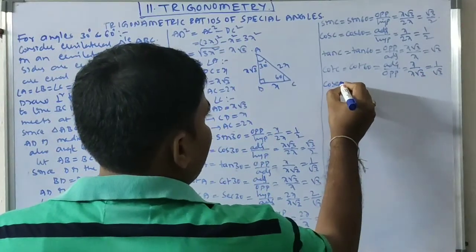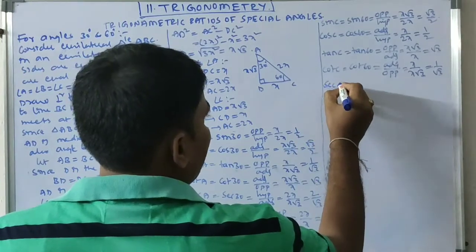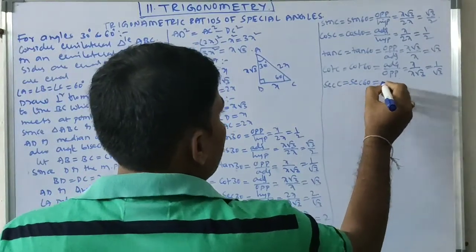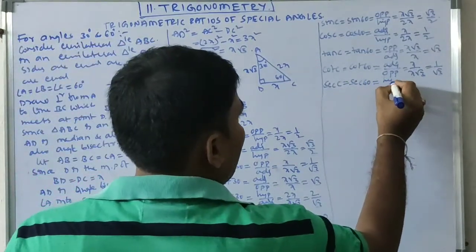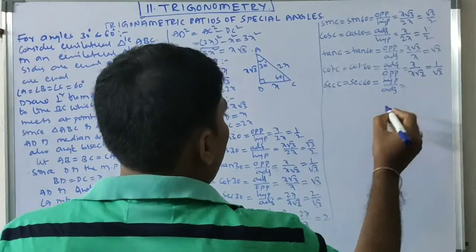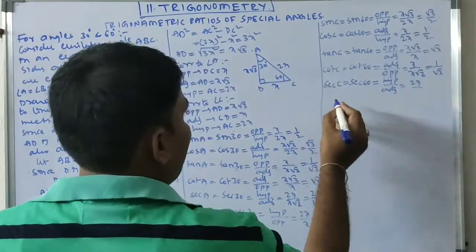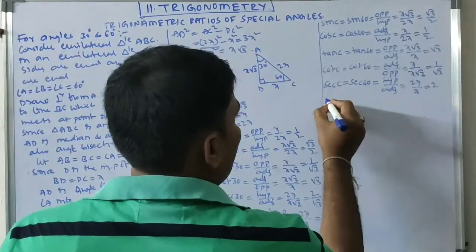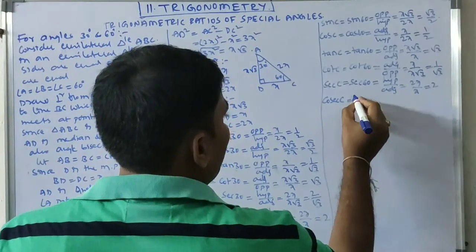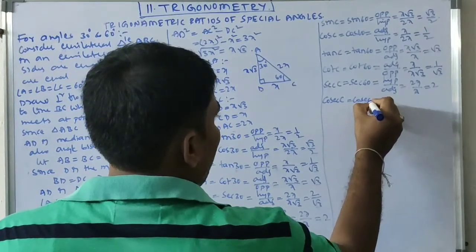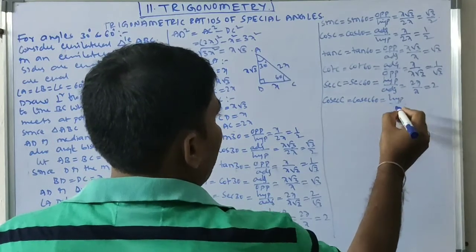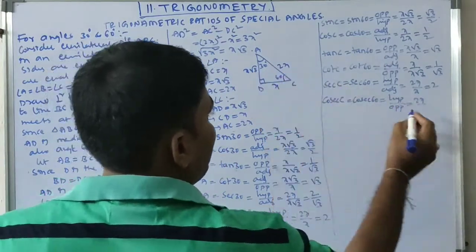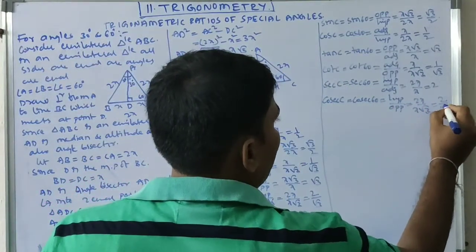Next sec 60, sec is hypotenuse by adjacent. Hypotenuse is 2x, adjacent according to angle C is x, so 2. Cosec C equals cosec 60, hypotenuse by opposite. Hypotenuse is 2x, opposite according to 60 is x root 3, so 2 by root 3.